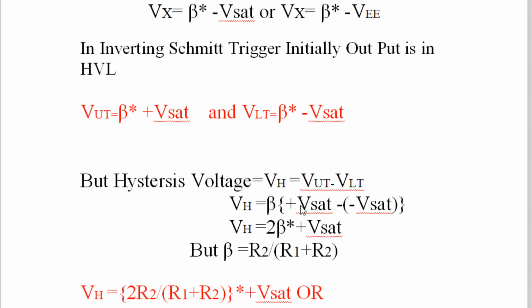This plus Vsat and that plus Vsat become 2 Vsat, and VH equals 2 beta Vsat. But beta is equal to R2 divided by R1 plus R2. In the beginning we took the short form beta instead of writing R2 divided by R1 plus R2, and now we substitute that value.